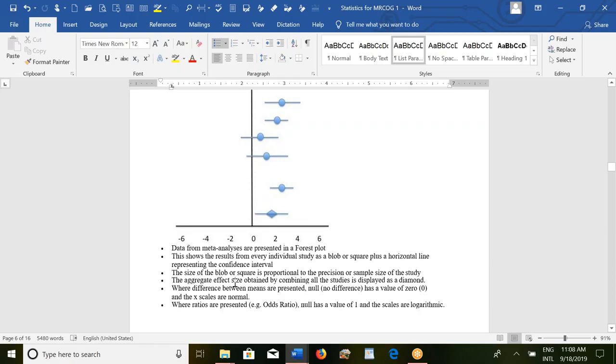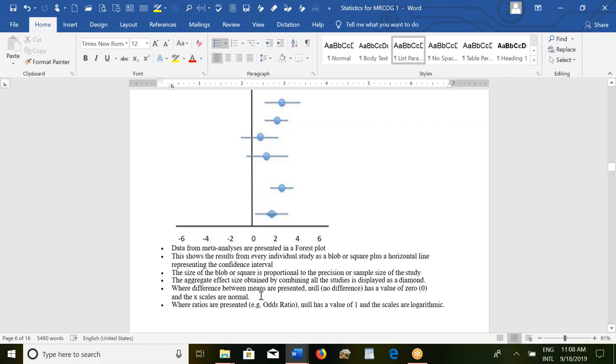The size of the blob or square is proportional to the precision or sample size of the study. The aggregate effect size obtained by combining all the studies is displayed as a diamond. The diamond is the sum of the studies. This is the mean of all studies.